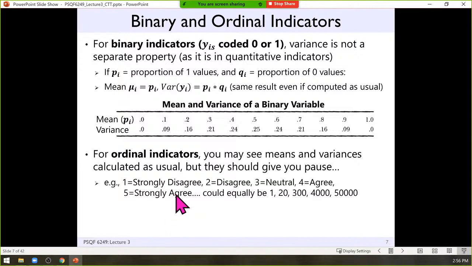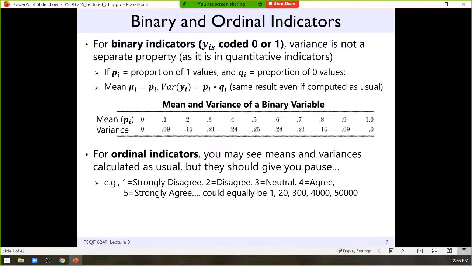For ordinal indicators, for something like a scale of 1 to 5 measuring agreement, you see this kind of thing all the time, and people won't hesitate to compute means and variances for this kind of scale, but it should give you pause. Or to use a technical term that I like, squishy. This should make you squishy.